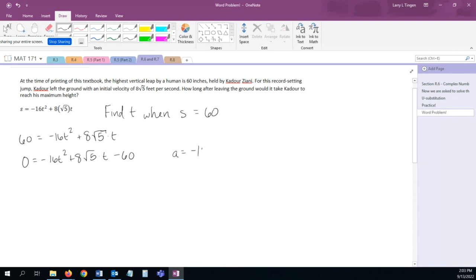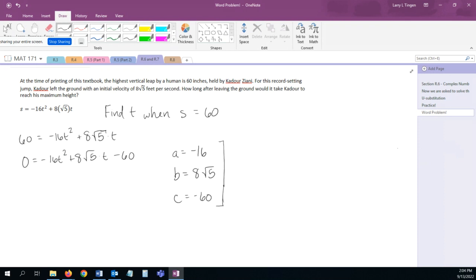If I'm going to set this up, this looks like A is negative 16, B is 8 times the square root of 5, and C is negative 60. Okay? Now, my brain is not going to deal with that. Ooh, could we? Yes, we could. Ooh, that's an excellent point. Ooh, wait a second. 8 times 5 is 40. No, because that 60 is frustratingly not divisible by 8. But I could get a 4 out of there. I'm going to leave this one.